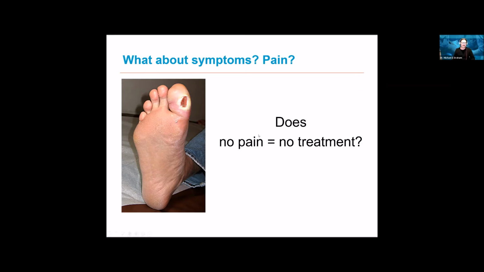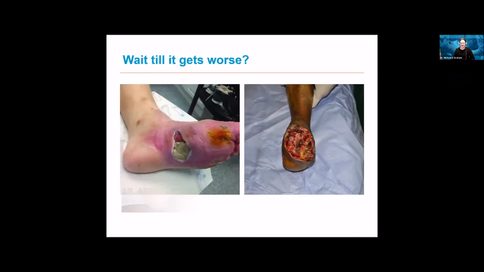So we have this diabetic patient here who has lost feeling in their hallux and they've developed this ulcer. So then we should say the same thing for this patient. Well, once you start developing pain, then I'll treat you, but because you have no pain, I'm just going to let this go. And of course that's ridiculous, because we know that it's never going to go away on its own and it's going to get worse.